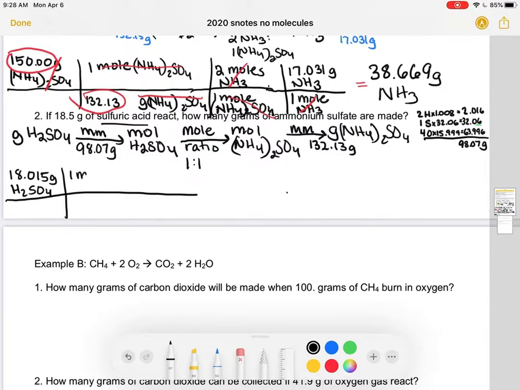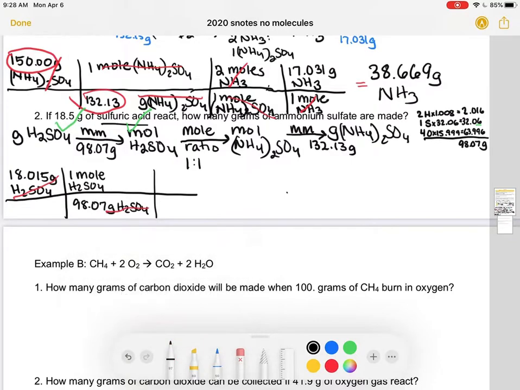So in 1 mole of H2SO4, there are 98.07 grams of H2SO4. We just figured that out. So check, check. We're at moles now. Can't stop, won't stop though. So grams of sulfuric acid cancels out.